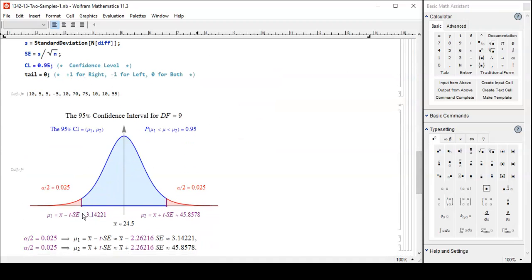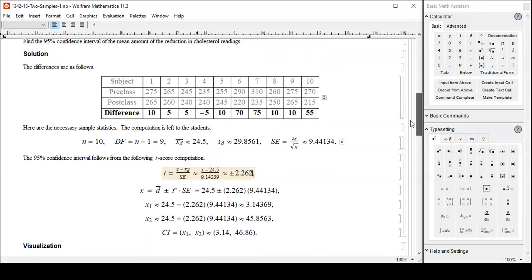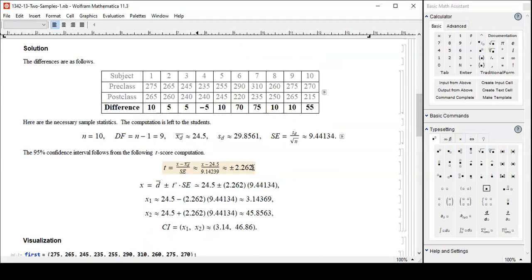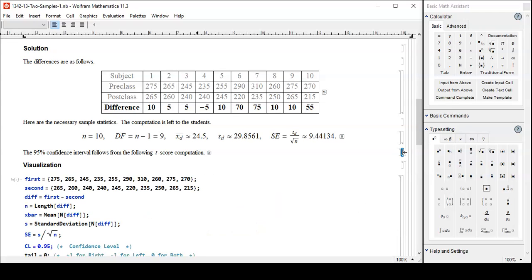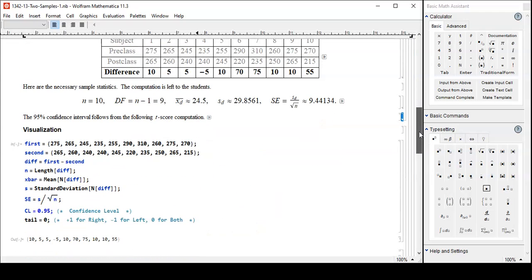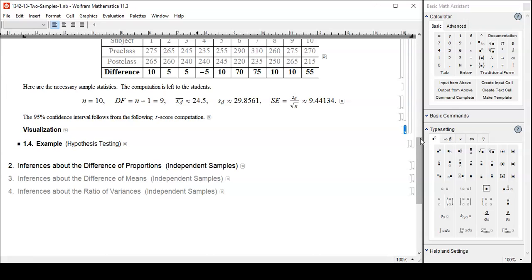So the t-score is 2.262, and calculating this to find out this x value, that's not too bad. Solve that equation and then work it out. You're going to get the left-hand side endpoint and the right-hand side endpoint, and that's how you get the 95% confidence interval. Something we had been doing all the time from lesson 10 and lesson 11a.